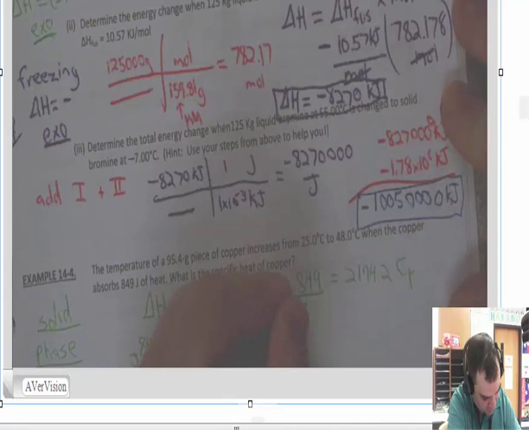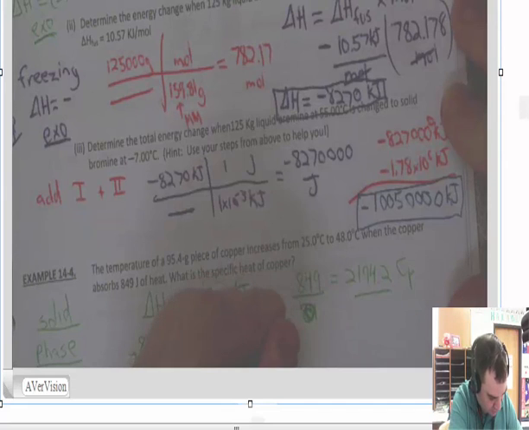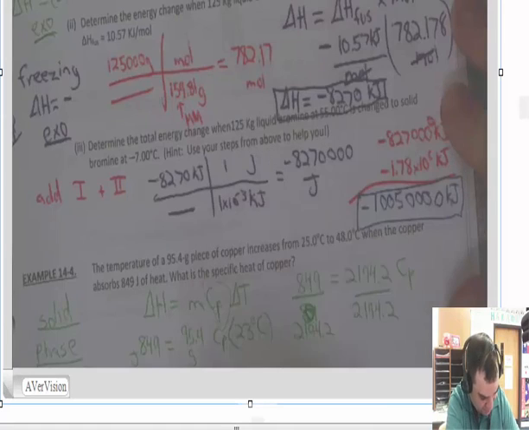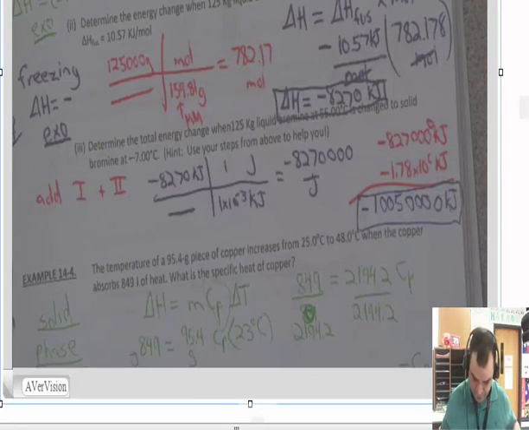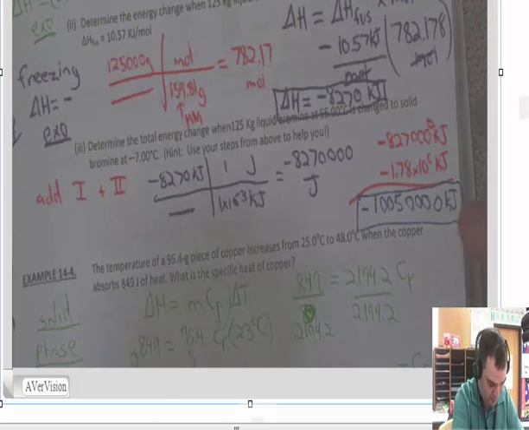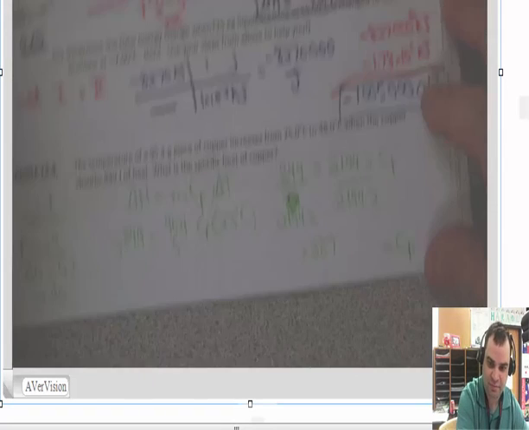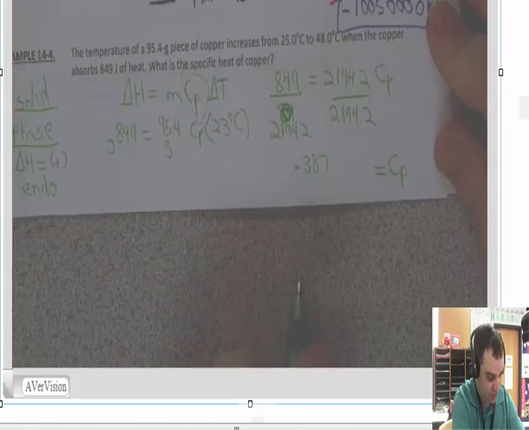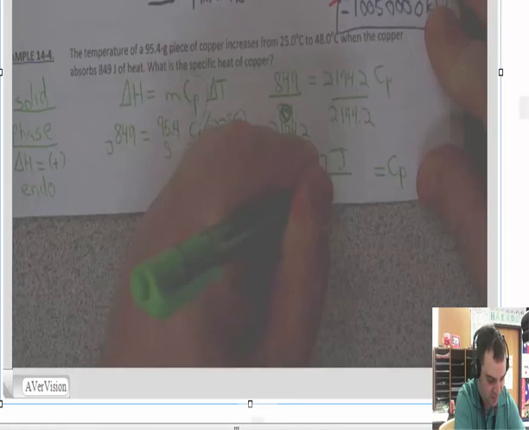We're going to divide by 849. No, we're not, I lied again. 2194.2. Cp is equal to 0.387. Okay, the units. None of the units canceled here, so this is joules per gram per degree Celsius.